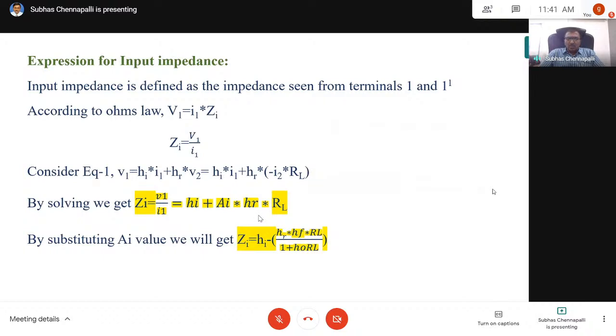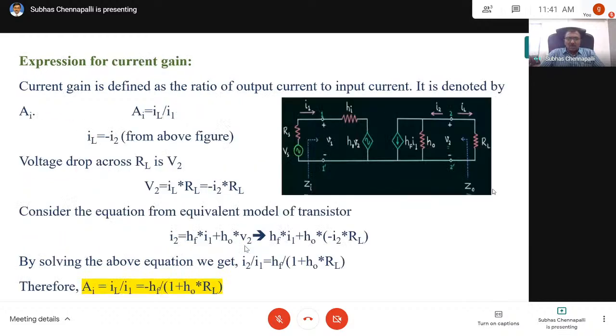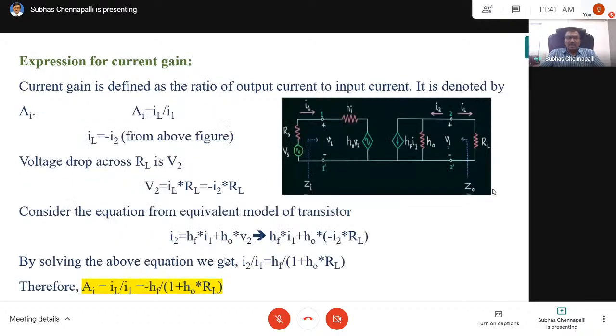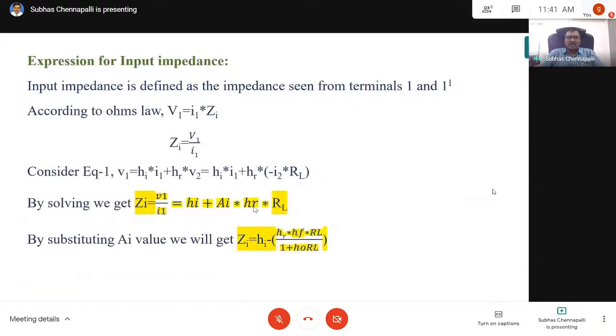When you replace this AI value, you will get Zi is equal to hi minus hr times hf times RL by 1 plus ho RL. It is better to remember this simpler equation than the other. Replacing AI with the previous formula, you will get this one. It is up to you what you want.